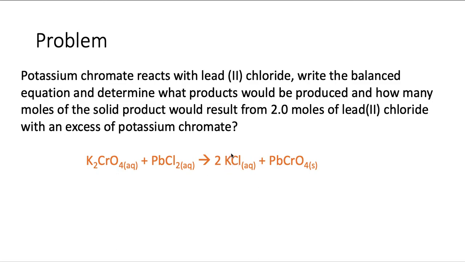Then here, potassium is a plus 1, chlorine is a minus 1, so this is a 1-to-1 ratio, KCl. Lead chromate, lead 2 chromate, the lead has a 2 plus charge, chromate has a 2 minus. I don't need to mess with any coefficients because the charges balance out here.